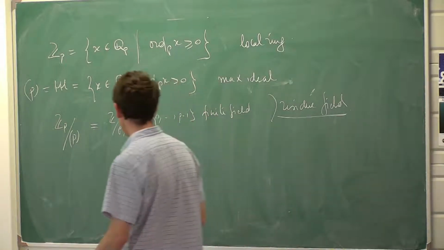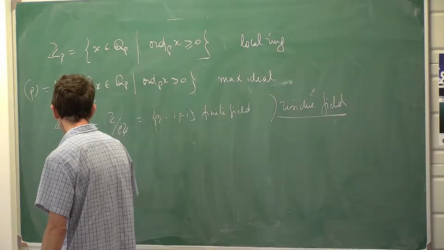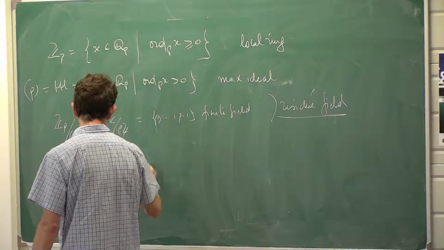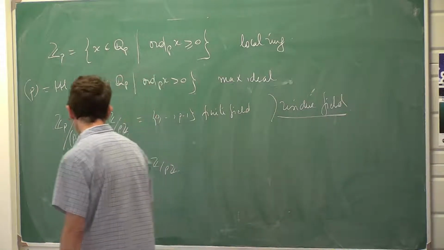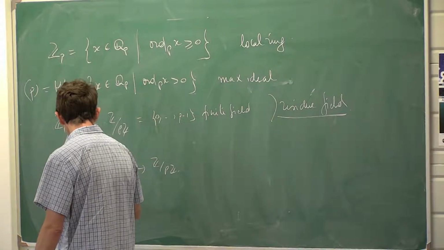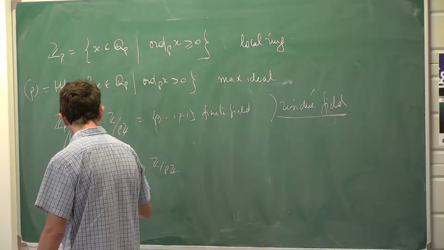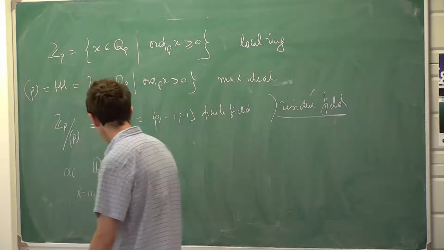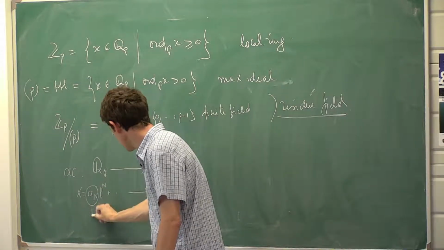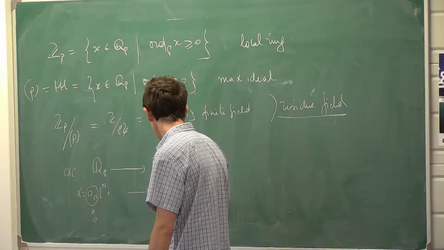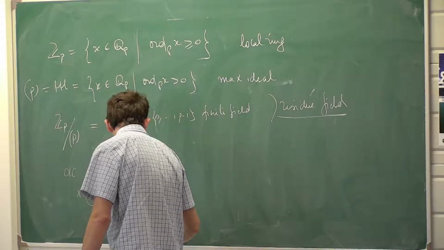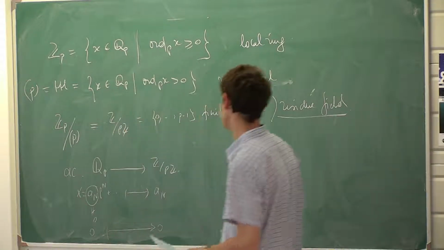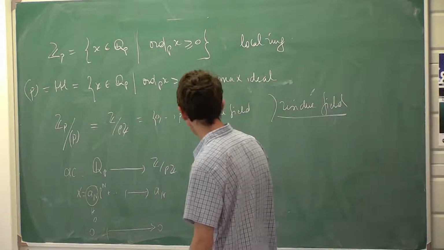Okay, and then you have an angular component map from Q_p to the residue field, which maps x starting by a p^n plus etc. to this coefficient a. And you map 0 to 0. So this is called the angular component.